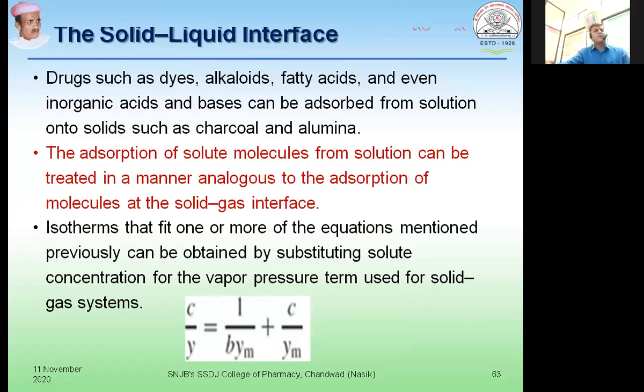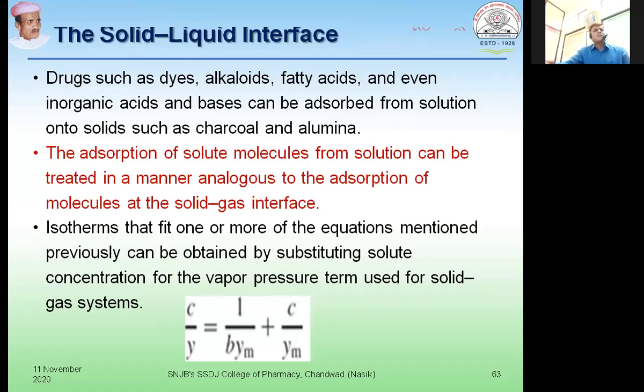is given by the equation C/Y = 1/(B·Ym) + C/Ym. Now C is the concentration of the solute dissolved in the given solution. Y is the amount of the solute adsorbed onto 1 gram of adsorbent.